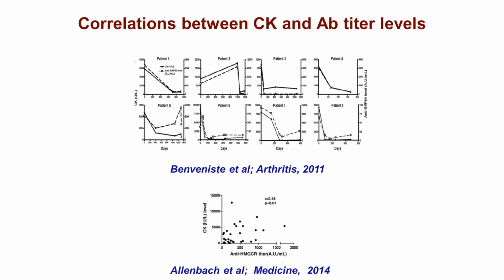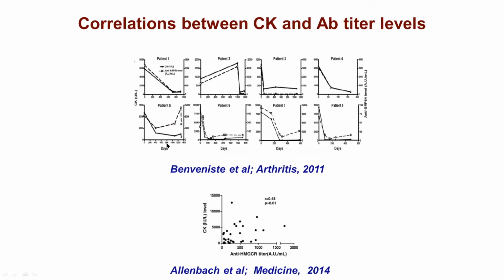But we observed first that there is a good correlation between the CK level, and the CK is just the reflection of the myolysis, the more necrotic fibers you have, the more your CK level is elevated, and the anti-SRP titers over time.